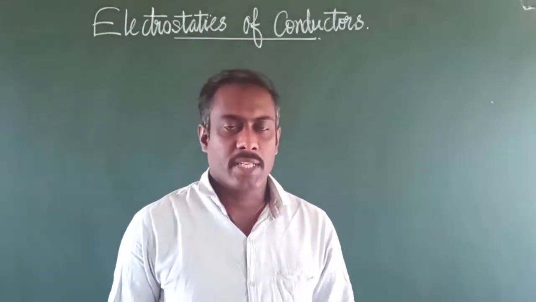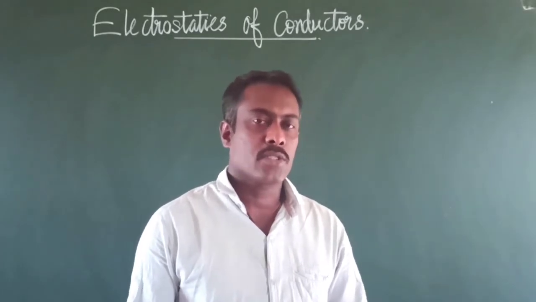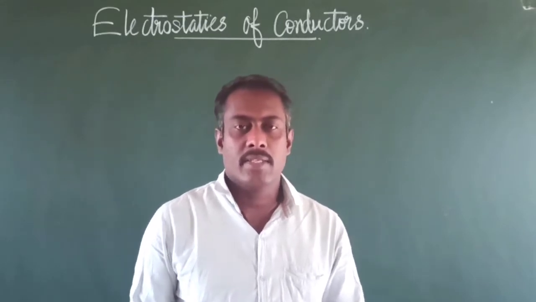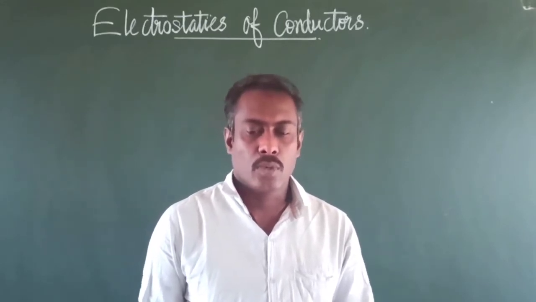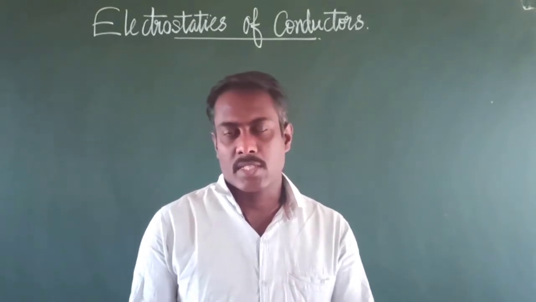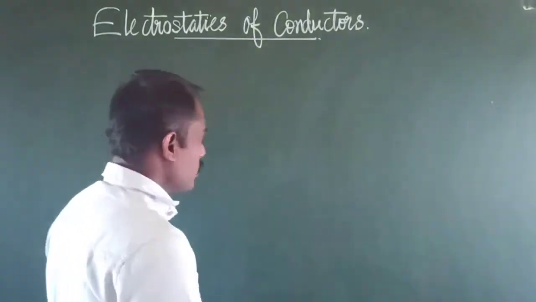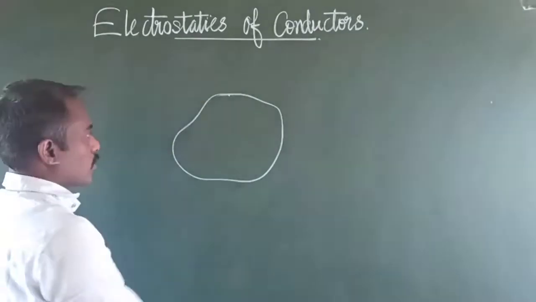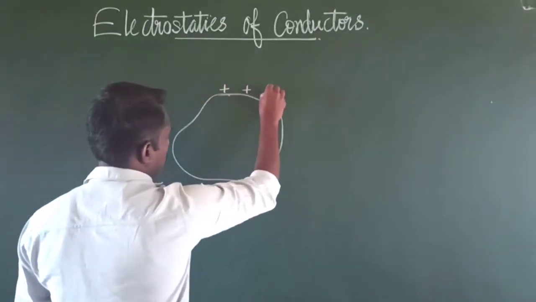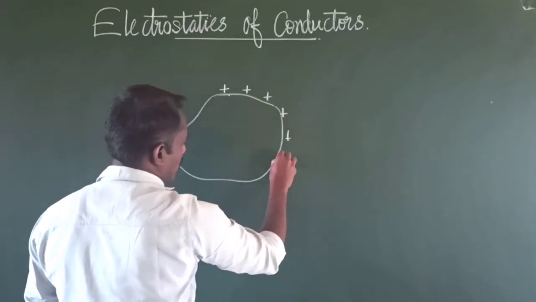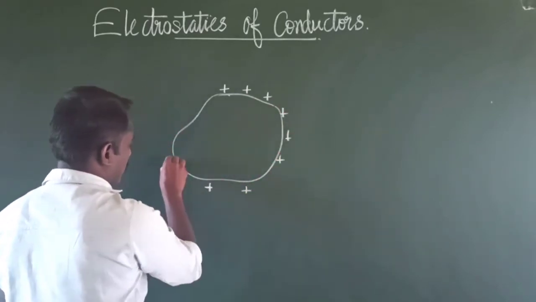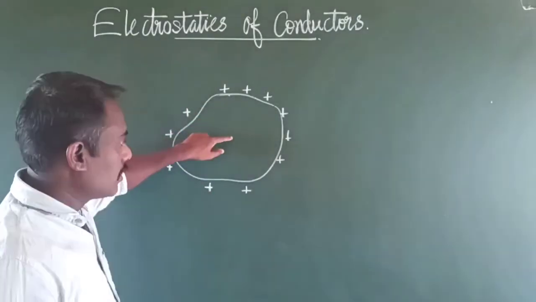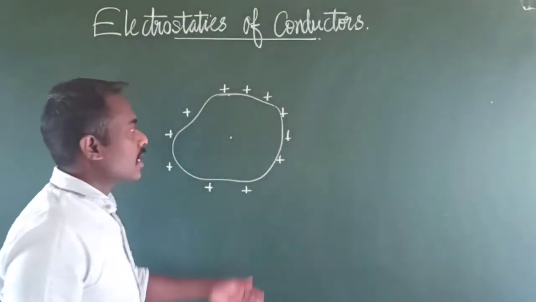When a conductor is electrically charged, we are giving excess charge to the conductor, but these excess charges remain on the surface of the conductor. They are not present inside. Suppose the conductor is charged with positive charges. These remain on the surface, but inside the conductor the charge is zero.